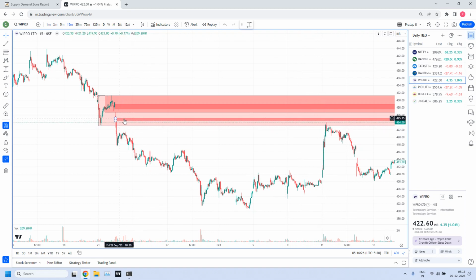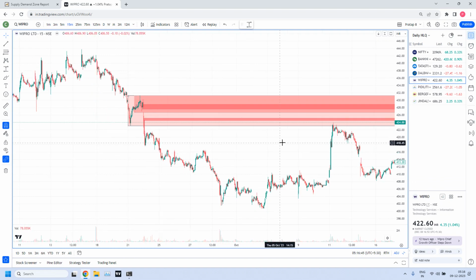Second, within the 5 minutes, we didn't find a zone, but as per the supply demand zone price action theory, we were able to locate a zone. To confirm, we went one more time frame below, that is the 1 minute time frame from 5 minutes.